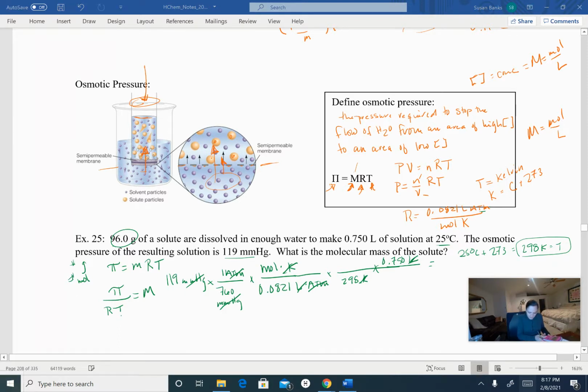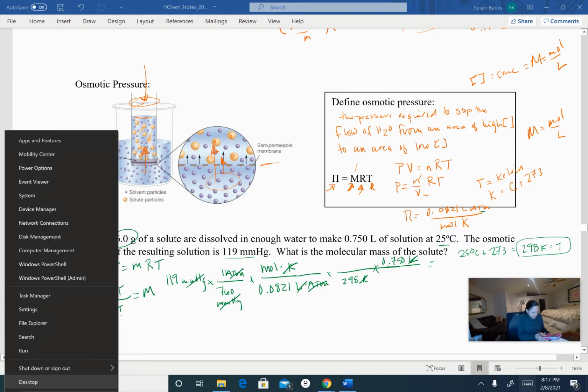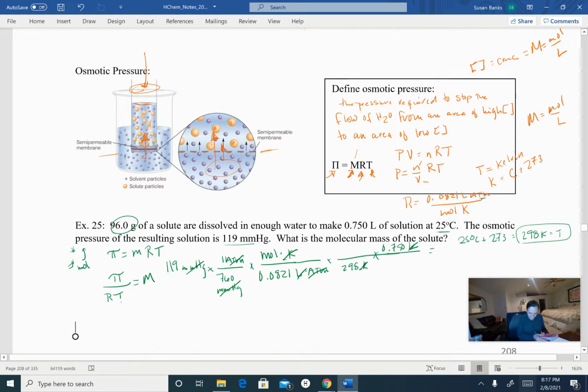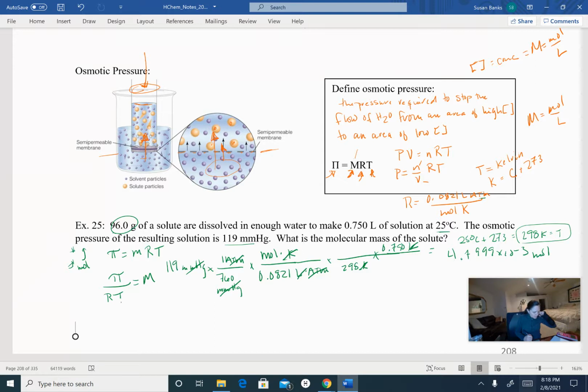Let's do that math. 119 divided by 760, divided by 0.0821, divided by 298, times 0.750. That gives me 4.799 times 10 to the negative 3 moles. You guys get about that? Molar mass is grams per mole.